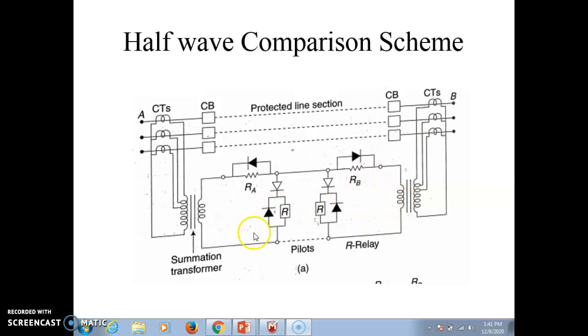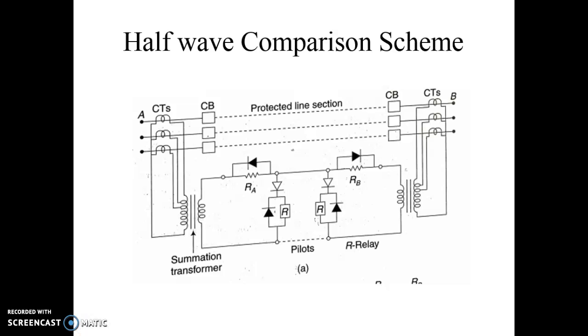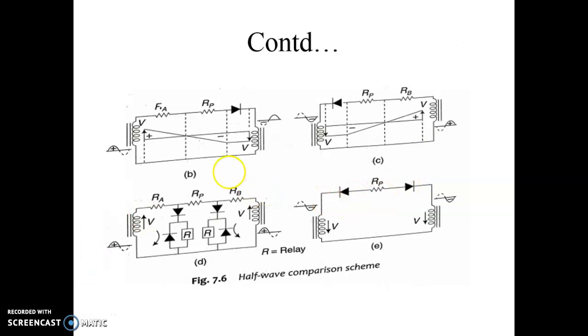Theoretically it is 0, but RA and RB are greater than the loop resistance, so it becomes slightly negative. In this condition the relay doesn't operate. Is it clear? In the next slide, figure B shows positive polarity at the A side and negative polarity at the B side.